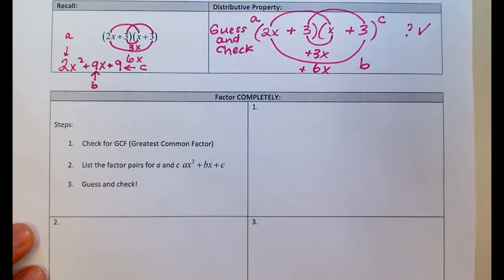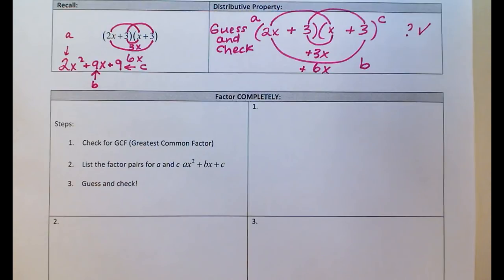Factor completely. Our steps for factoring these, like always, we always check for our GCF. If you refer back to that graphic organizer that we've been using, still the first step is to always check for the GCF. Now if you think back to our trinomials, it says still for the 3 terms, use the guess and check method for factoring.